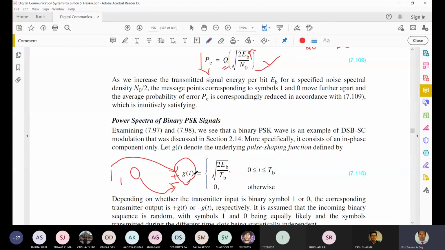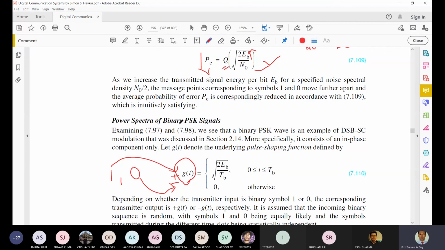Since there are two binary symbols, 1 and 0, we can calculate the power spectrum density by calculating the energy spectrum density over the bit duration and dividing by Tb. That will give us the power spectrum of the signal g(t).